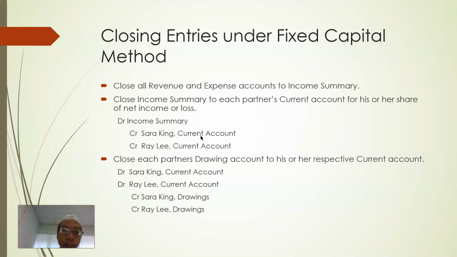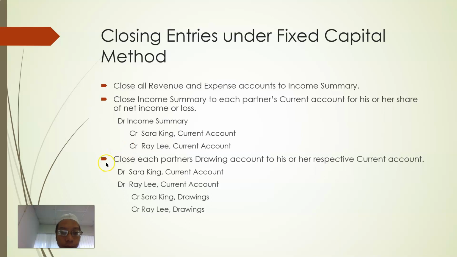If the income summary has a debit balance, if debit is more than the credit side, then we will credit the income summary account and debit the current account of the partners. So that will be transferring the profit or the loss, based on the portion that the partners will receive.